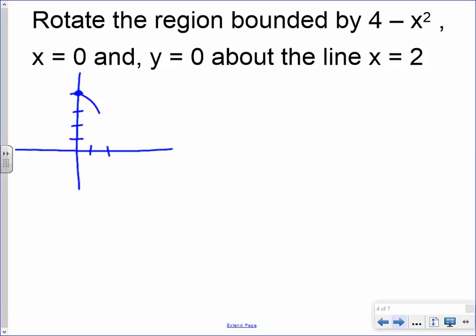And we're only concerned about the right-hand part of the parabola because we have x equals 0 and y equals 0 that we want to bound it. Okay? So we're going to take this and we're going to rotate it about the line x equals 2.